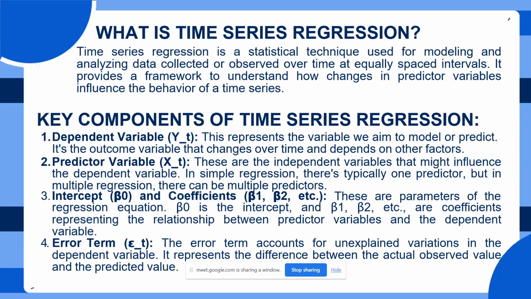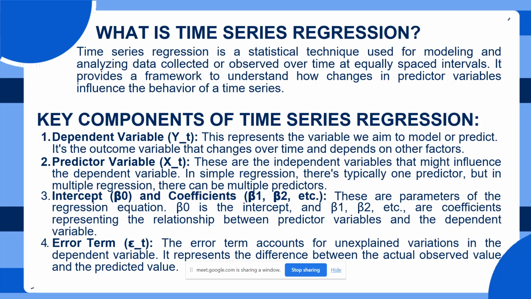In this approach, the focus is on understanding how changes in predictor variables impact the behavior of a time series, where observations are recorded at regular intervals. This technique is particularly useful for predicting future values or identifying patterns or trends in time dependent data.